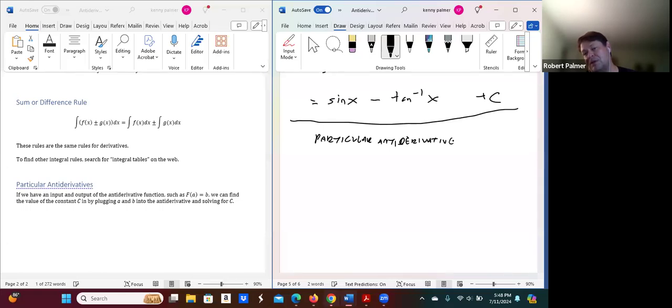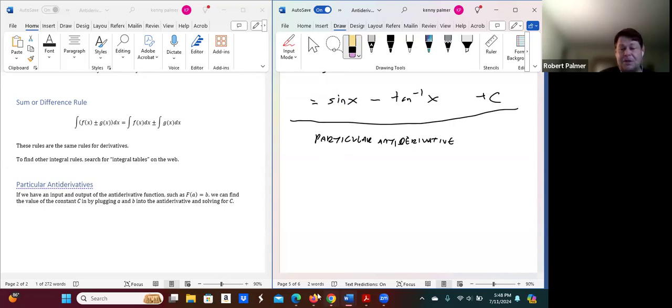What this means is that if we know a function input and output for the antiderivative function, such as F of a equals b, we can actually find the value of our constant c.